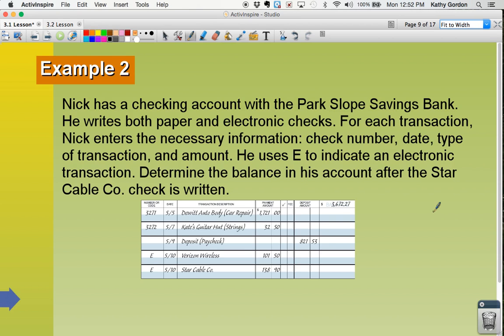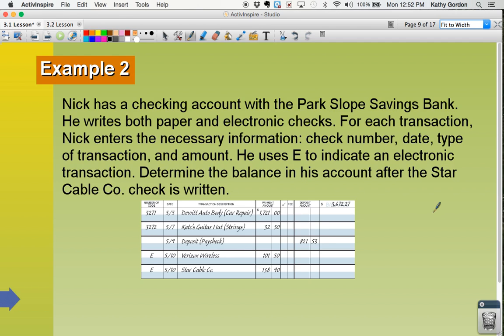So you'll notice even on your sheet, there are different columns. And what's at the top of each column gives you an indication of what you need to write there. So your first column will say something like number or code. If you're actually writing a check, and you can see this on the blank fake checks there on your worksheet, up in the upper right-hand corner, your checks will have a number to them.